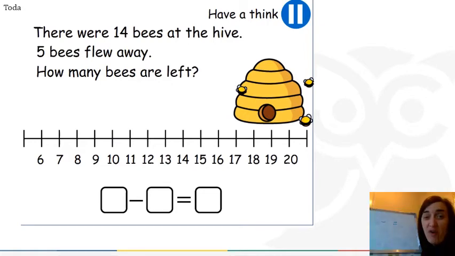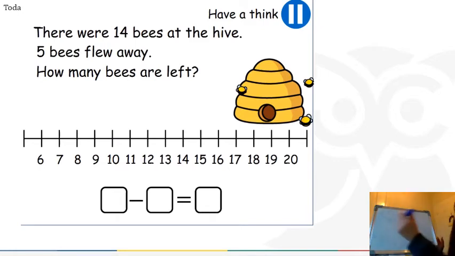There were 14 bees at the hive to begin with. So that is our first number. That's how many there were at the start. 14. If 5 bees flew away, does that mean that we're going to add some bees to the hive, or we're going to take some away because there'll be less?